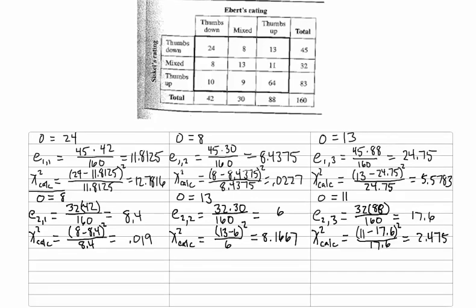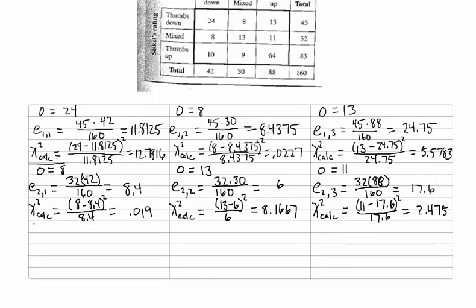And now for our last row. For our last row, column 1, we have an observed value equal to 10. Our expected value is equal to 83 times 42 divided by 160, and this is equal to 21.7875.